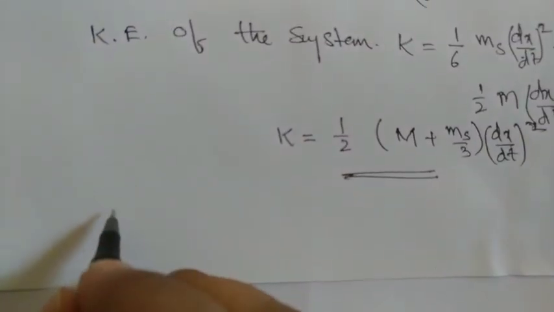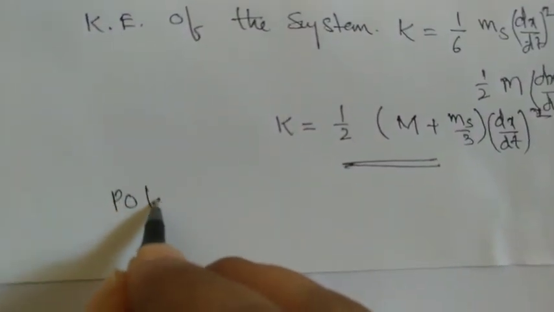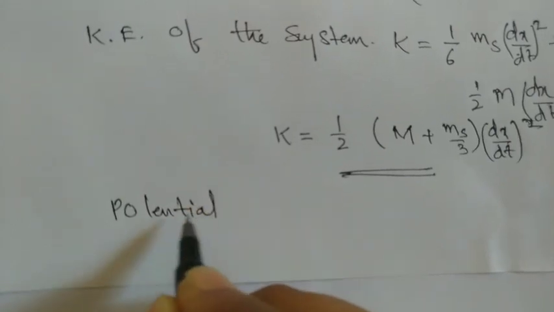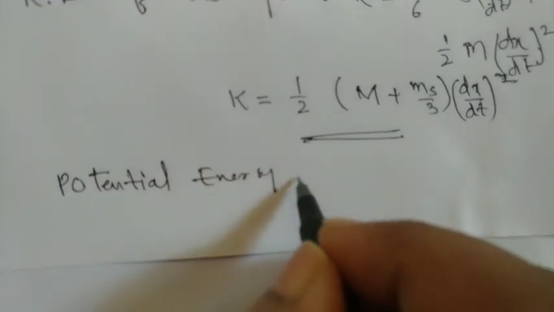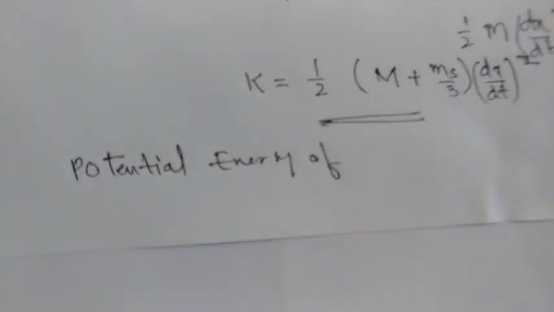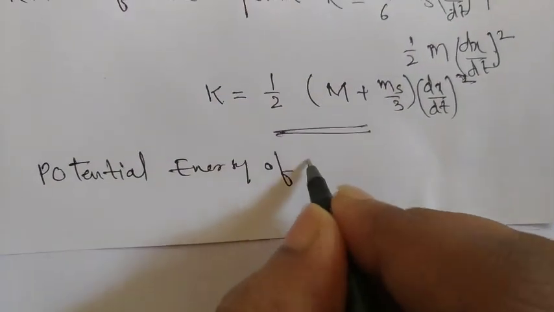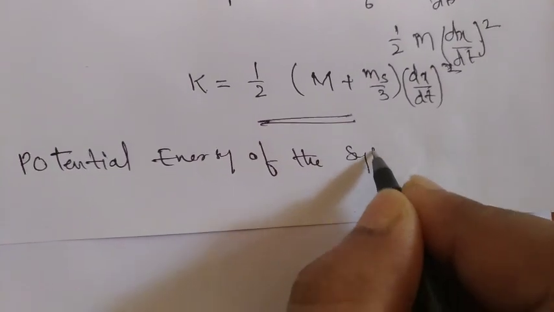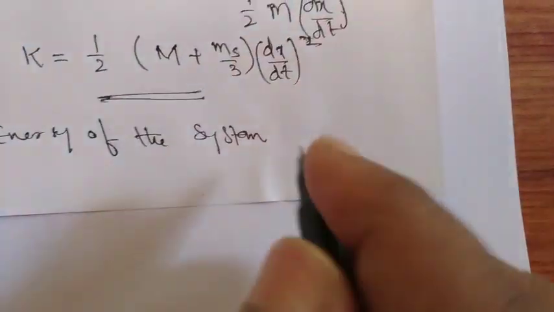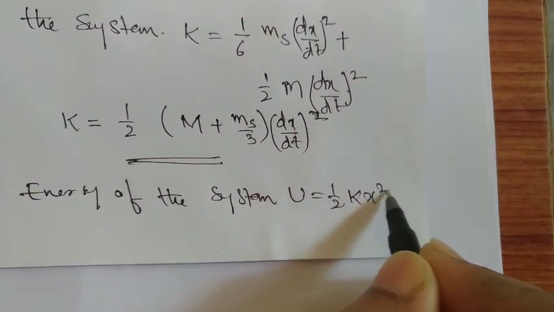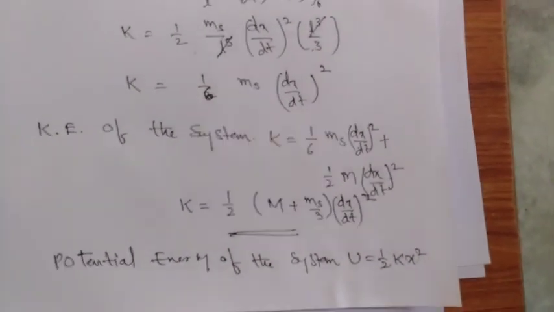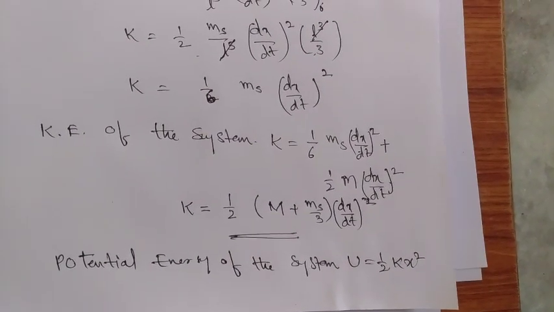And the potential energy of the system is U equals (1/2) k x^2, where k is the force constant and x is the displacement of the spring.